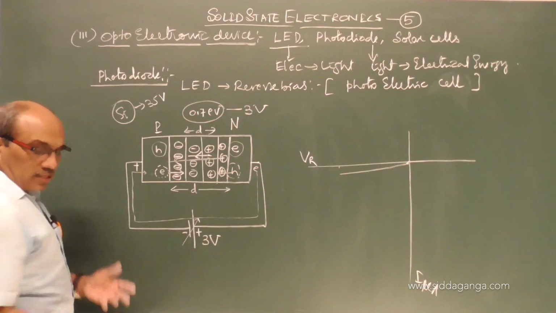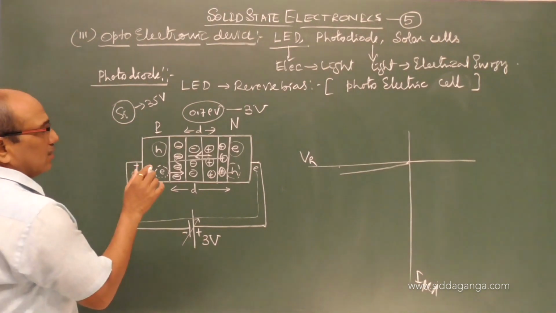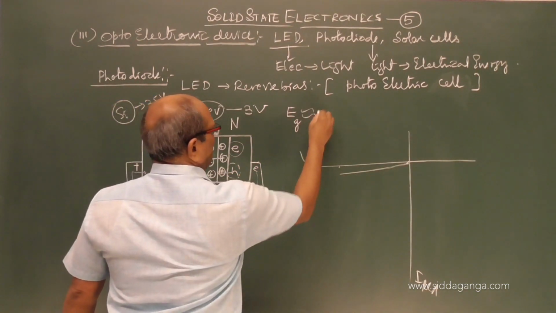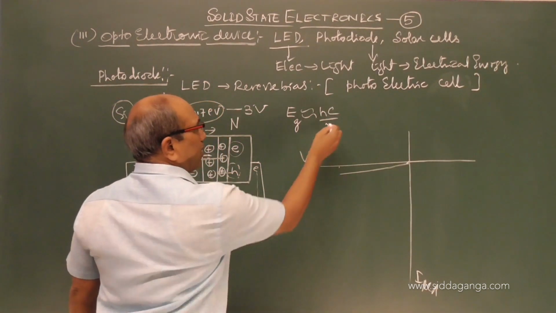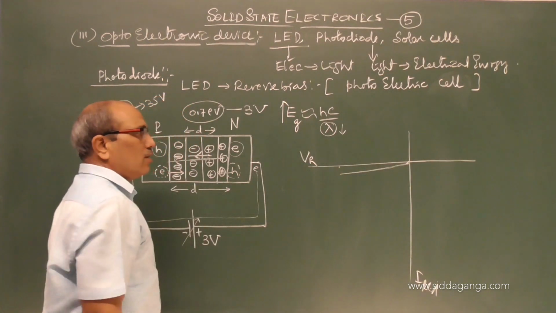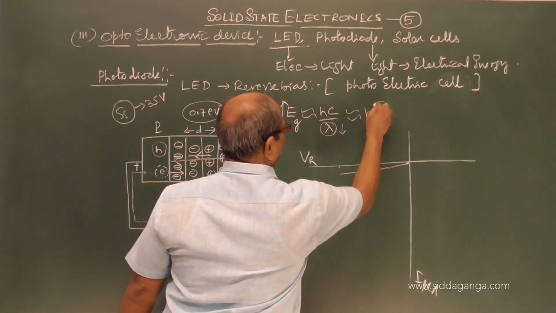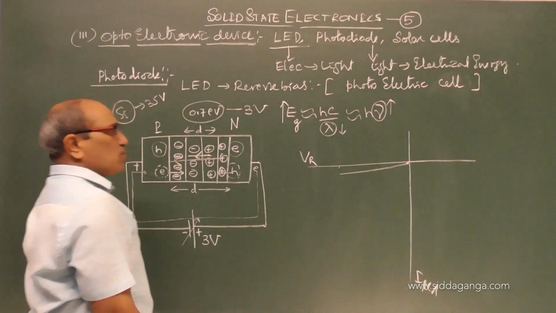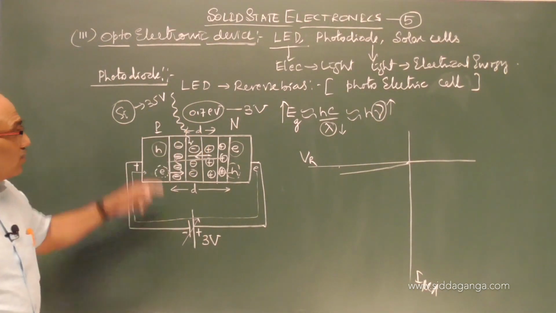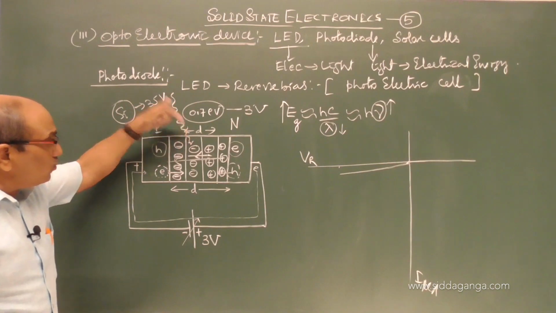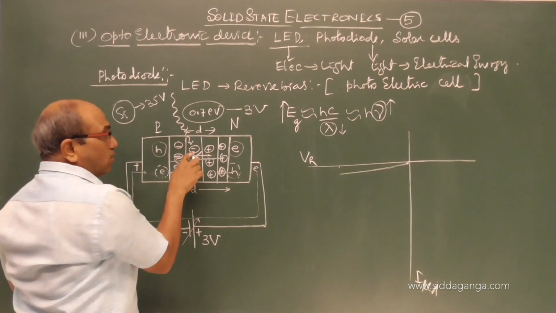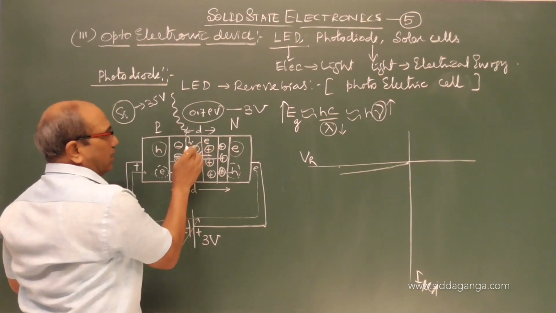What happens? Again I am taking the band gap. If the band gap energy Eg is equal to hc by lambda, or the wavelength is less than that corresponding to the band gap, or you can take h nu, the frequency may be higher than the corresponding one. When such radiation falls on the depletion layer and enters the region, that energy knocks out an electron, making it free, and a hole is created.